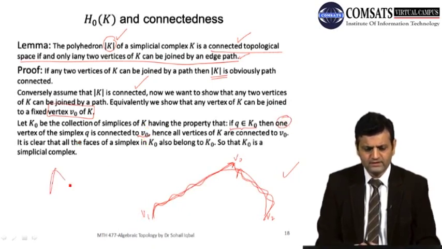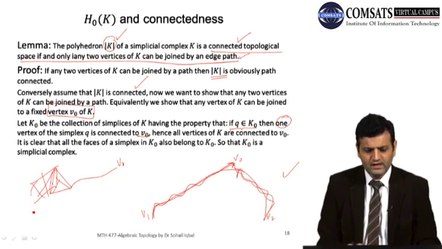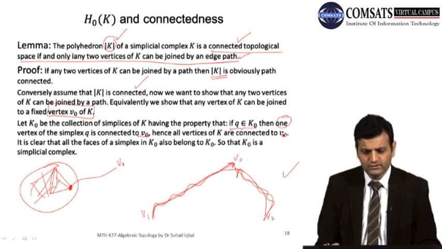For example, let's say this is some complicated simplex, and this is connected to V0, and K0 contains the set of all simplices satisfying this condition. Of course, you can see from here that if one of the vertices of this simplex is connected to V0, then all the vertices of this simplex are connected to V0 as well.